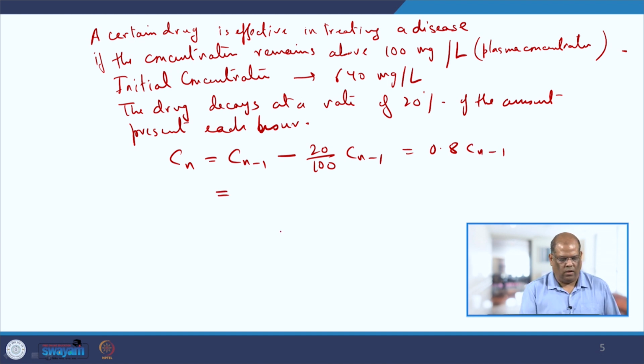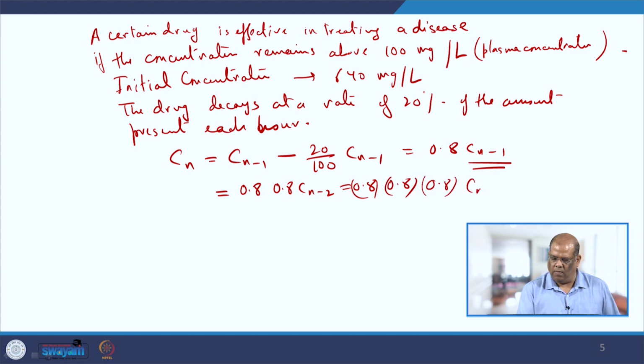So, this Cn minus 1 can be written as 0.8 Cn minus 2. Similarly, this Cn minus 2 can be written as 0.8 Cn minus 3, and so on, which is 0.8 cube Cn minus 3.